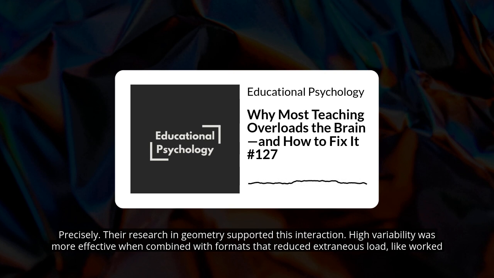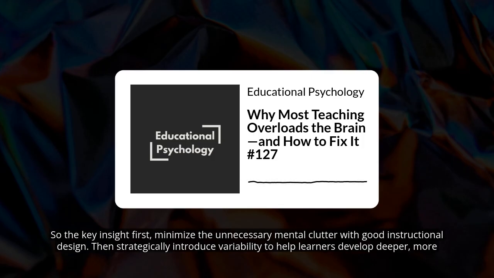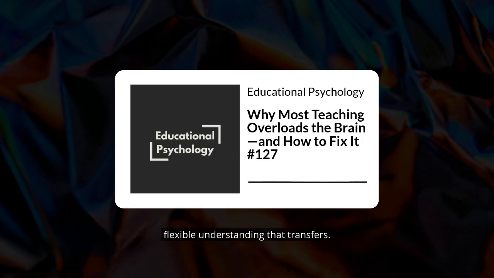High variability was more effective when combined with formats that reduced extraneous load, like worked examples, compared to when used with conventional problem-solving tasks that might impose higher extraneous load on novices. So the key insight is, first, minimize the unnecessary mental clutter with good instructional design. Then strategically introduce variability to help learners develop a deeper, more flexible understanding that transfers.